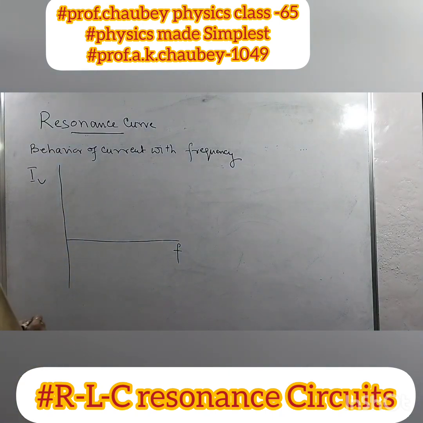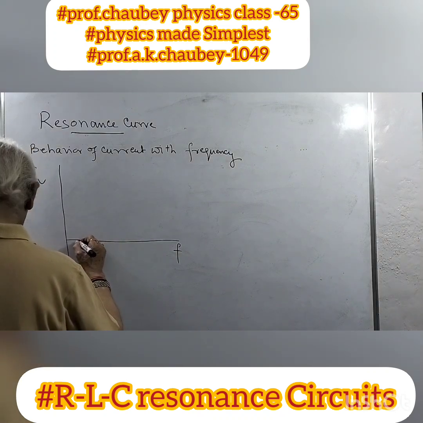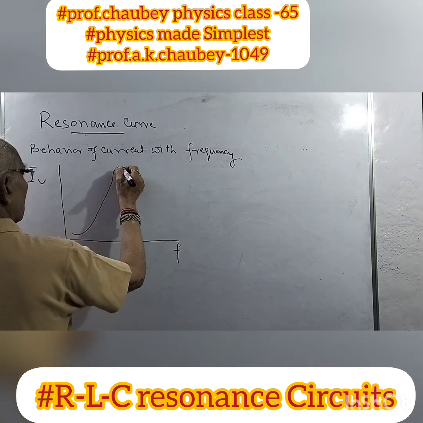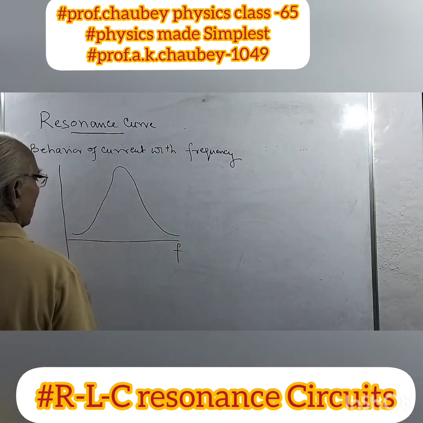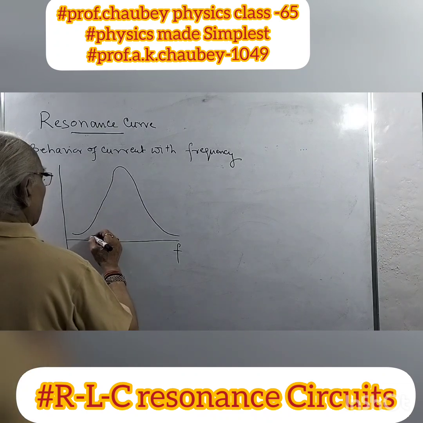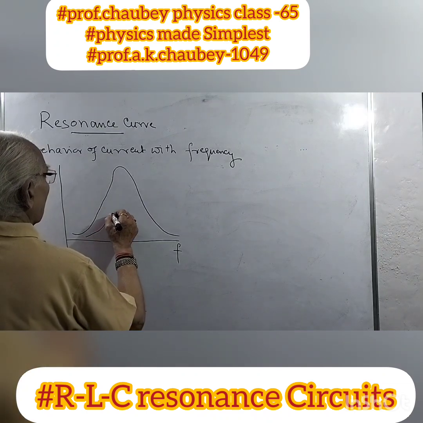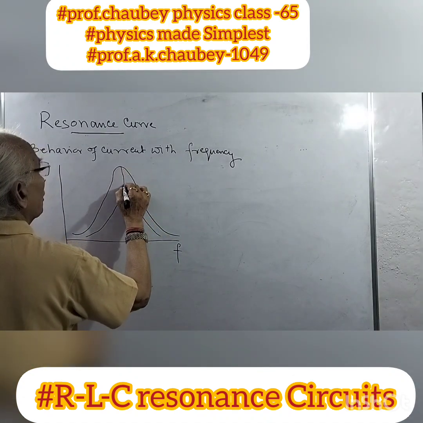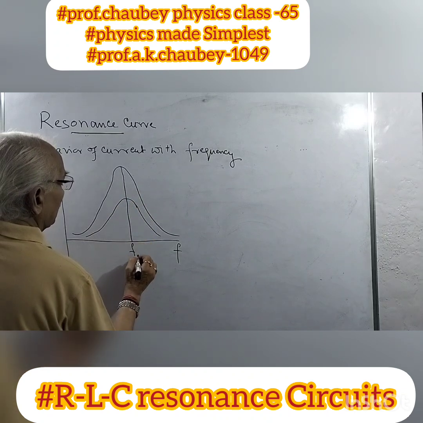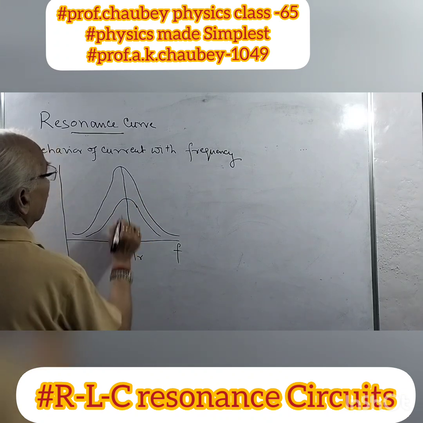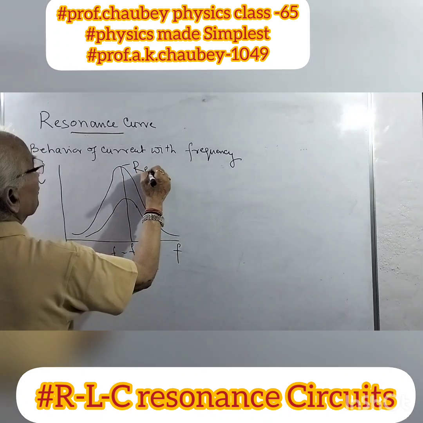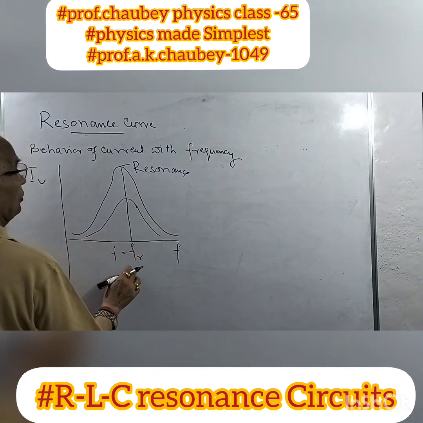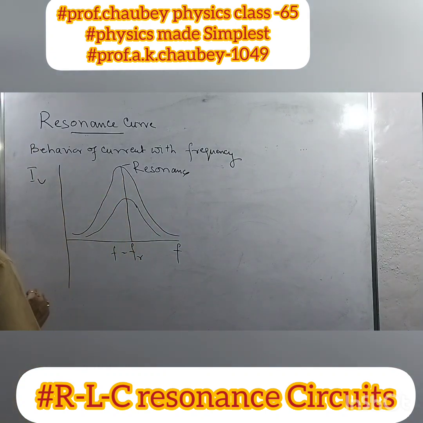You can see that from a certain point it goes like this. So this is the FR, F is equal to FR, that is the resonance frequency. At resonance frequency, the current is maximum.